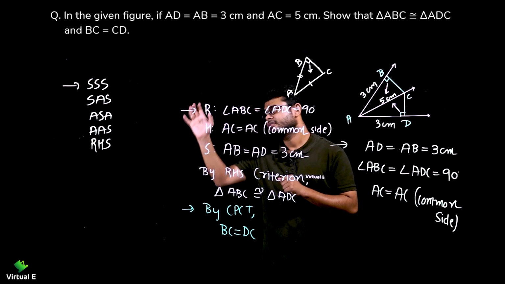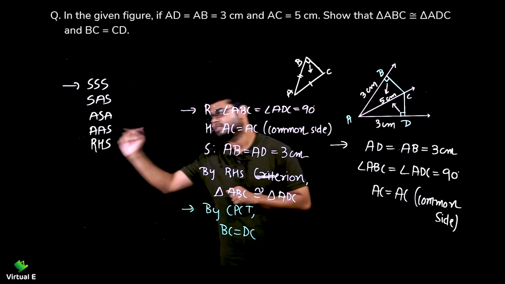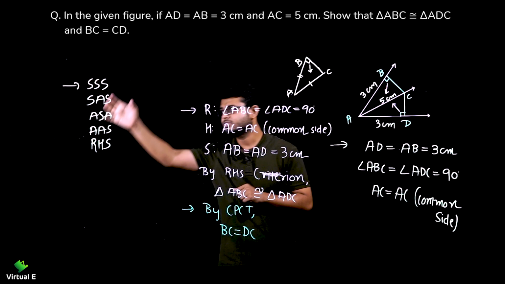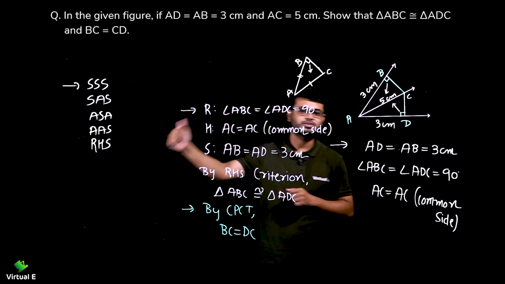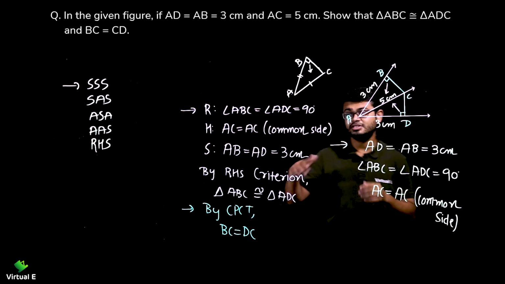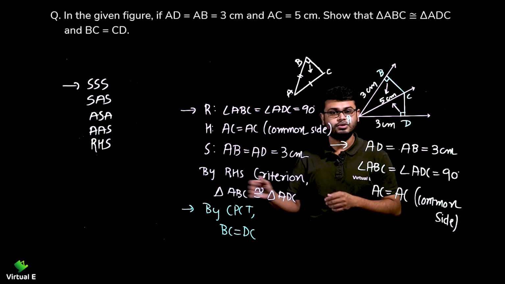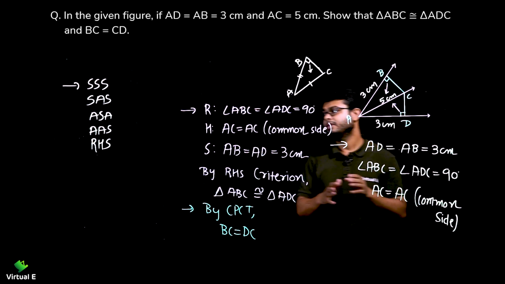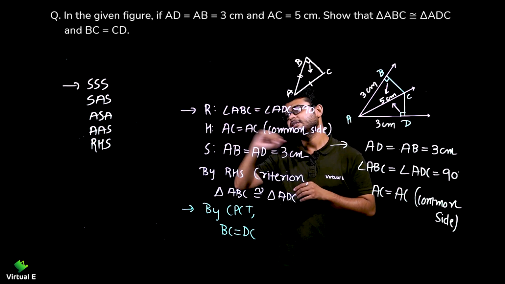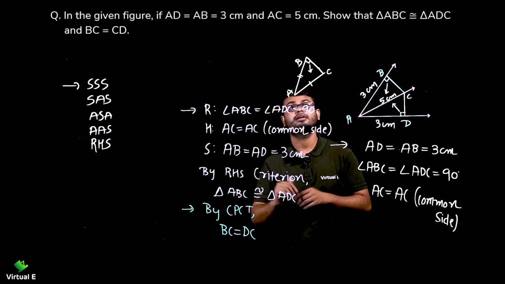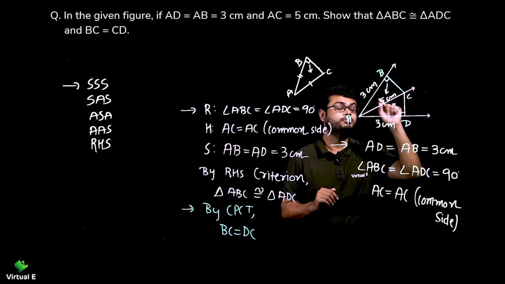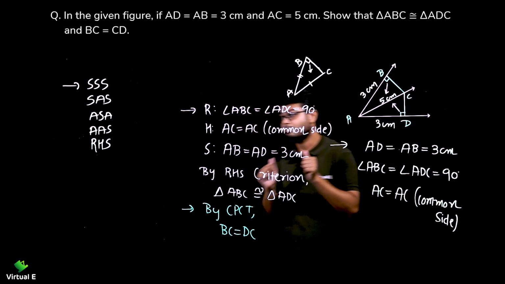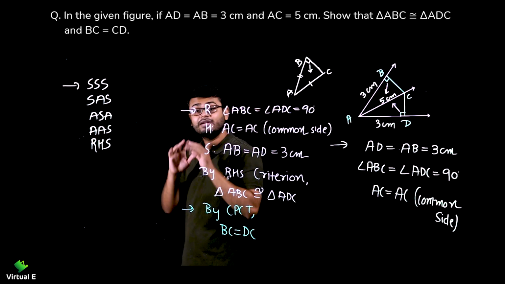So we were thinking that it can be RHS, right? I did not filter much over here because right angle was there. So I was like, let me try to take it. Previously we tried as well, but it was not working, right? So here write the right angle, then hypotenuse and side. Remember, hypotenuse is always opposite to 90 degree. When we talk about the normal right angle triangle, you can get it very easily.